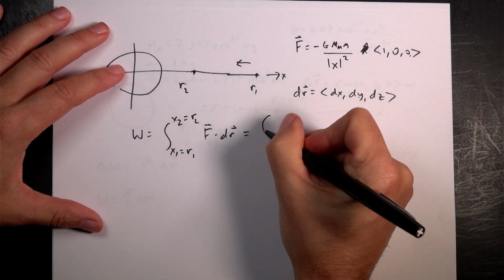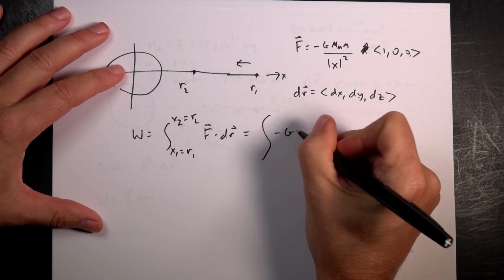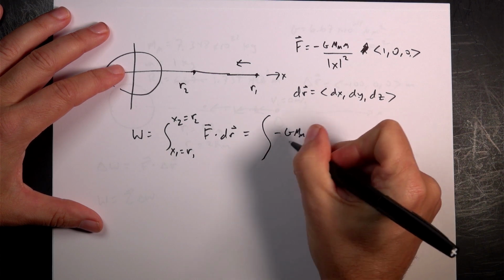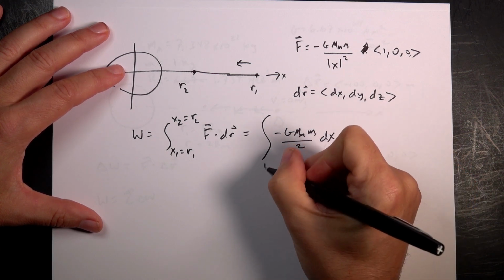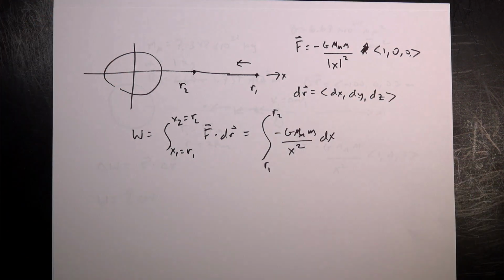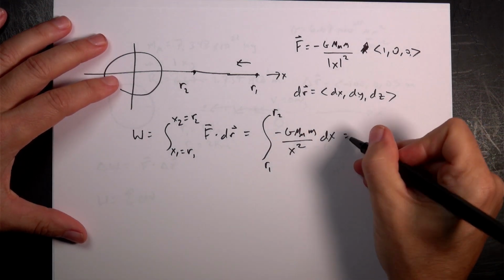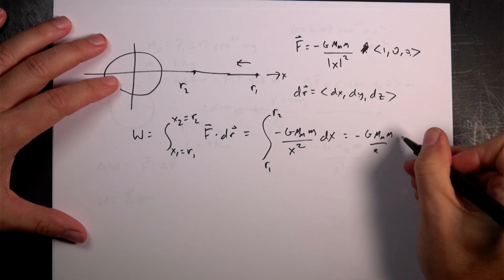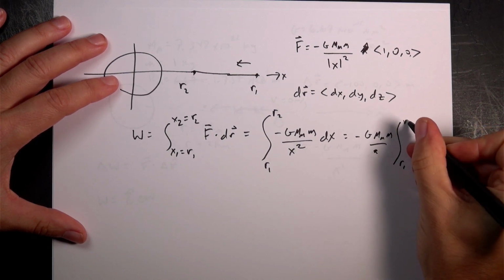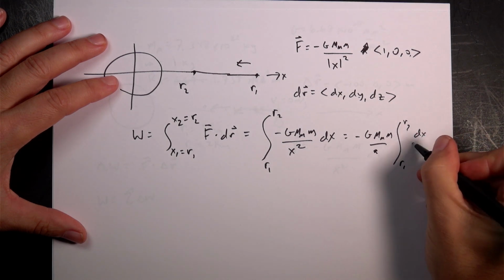So I get the integral of negative G M of the moon m over x squared dx from r1 to r2. Okay, so now let's pull that stuff out front. Negative G M m, integral from r1 to r2, dx over x squared.